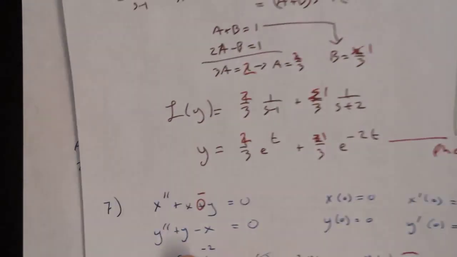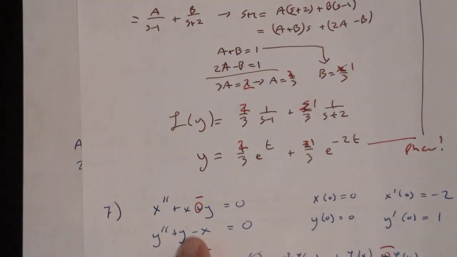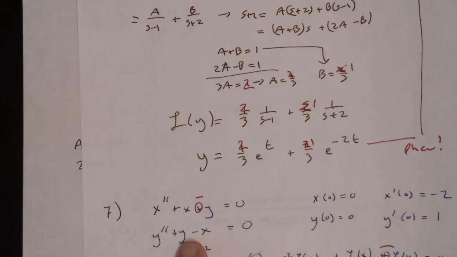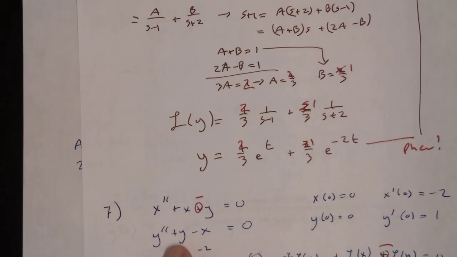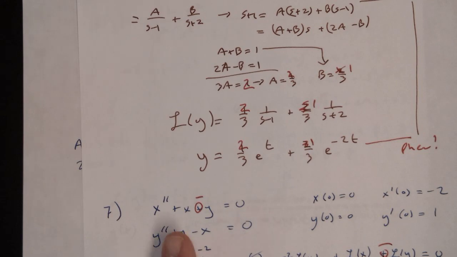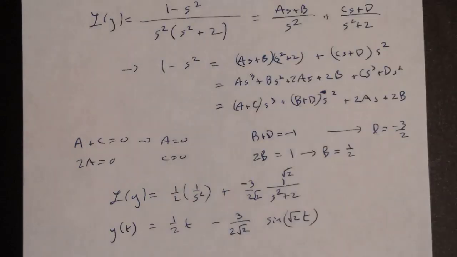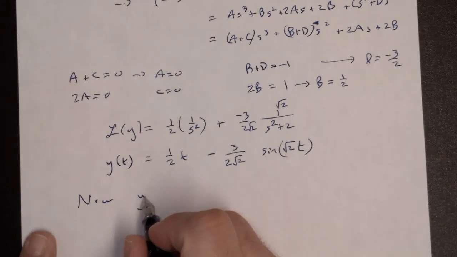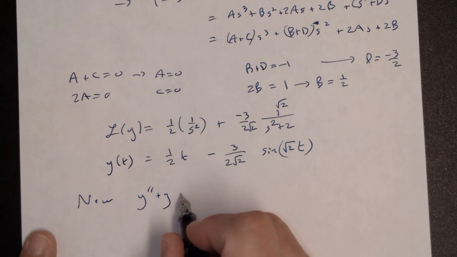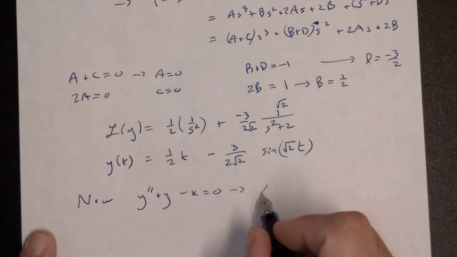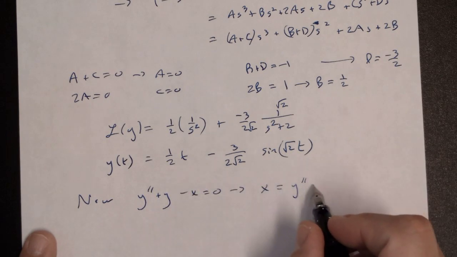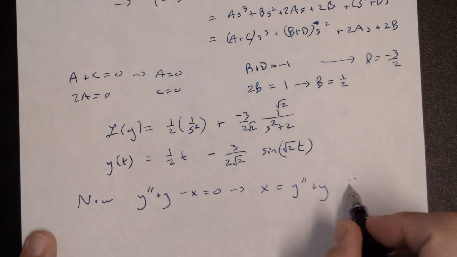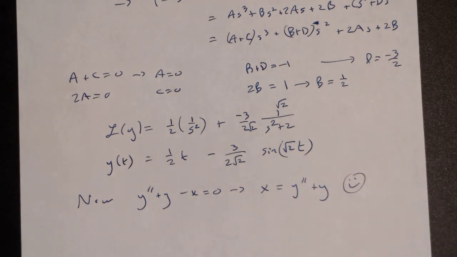Because back up here, x can be written in terms of y double prime and y. There we go, right there. So yes, I need the second derivative.